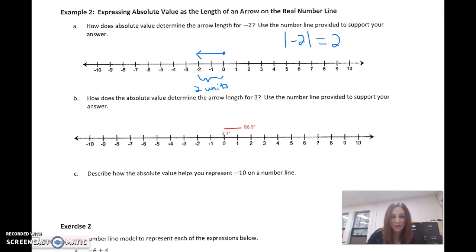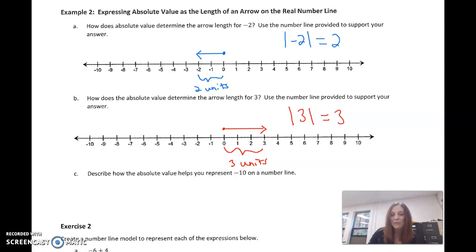Well, if I start at 0 and I go to the right to 3, notice that's 1, 2, 3 units. Again, because absolute value doesn't care about direction, it only cares about distance from 0, the absolute value of 3 is 3.